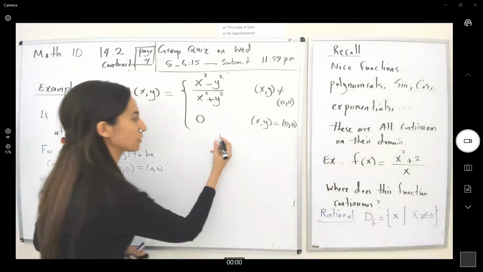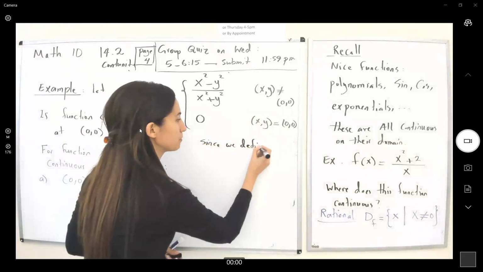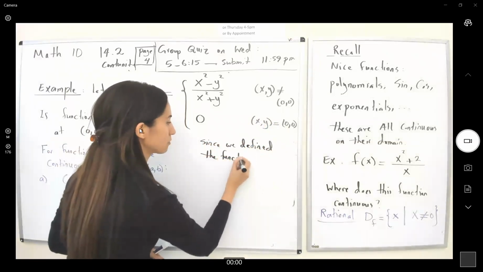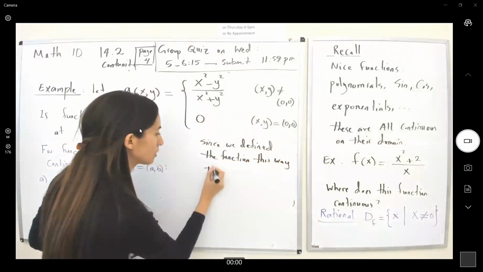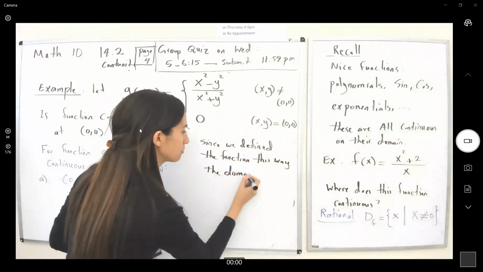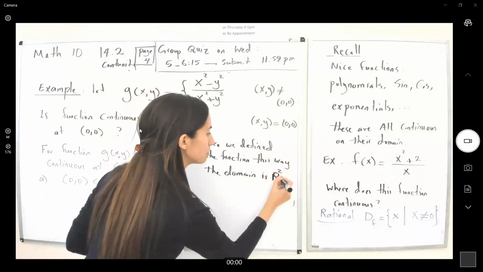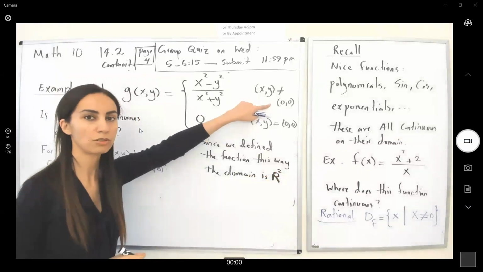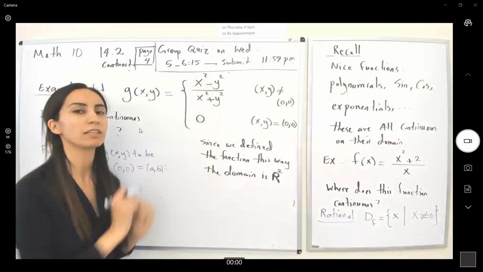So, since we defined the function this way, the domain is R squared. How do you see that? You're excluding the origin, and at the same time, you're including the origin with different definitions.